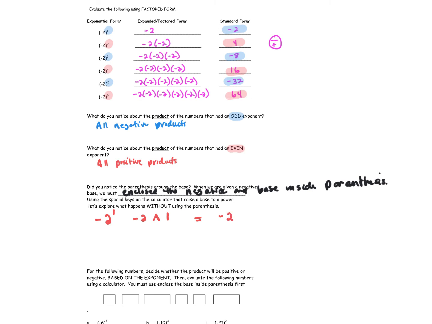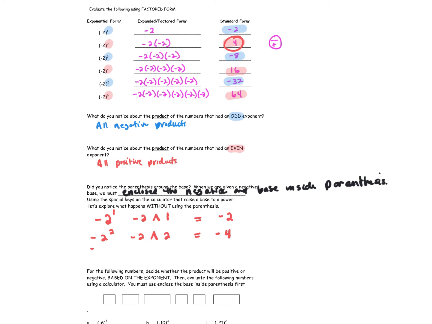-2. Now let's try -2 without the parentheses and raise it to the second power. What you're going to get back is -4, and when we look, we should have gotten +4. Let's try this two more times.